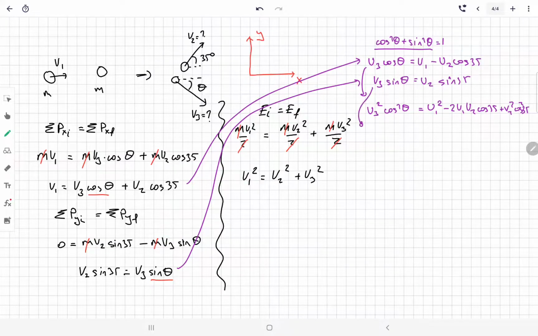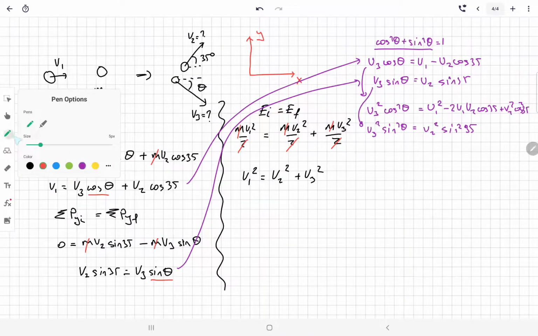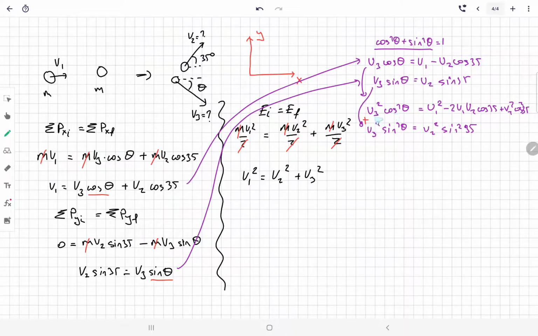Let me square both sides of the second equation: v3 squared sine squared theta equals v2 squared sine squared 35. Let me add these two equations to each other. As you see, the left side becomes just v3 squared. On the right side, v2 squared cosine squared plus sine squared is just 1, or v2 squared.